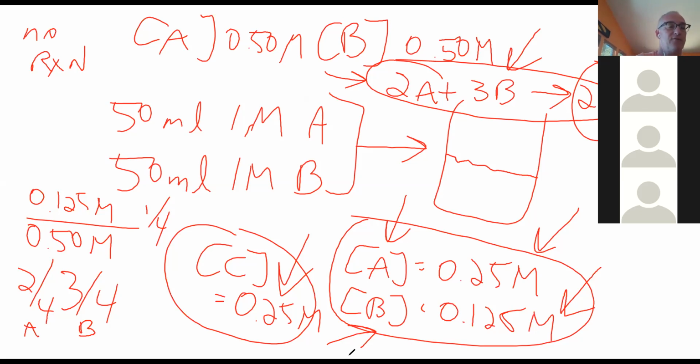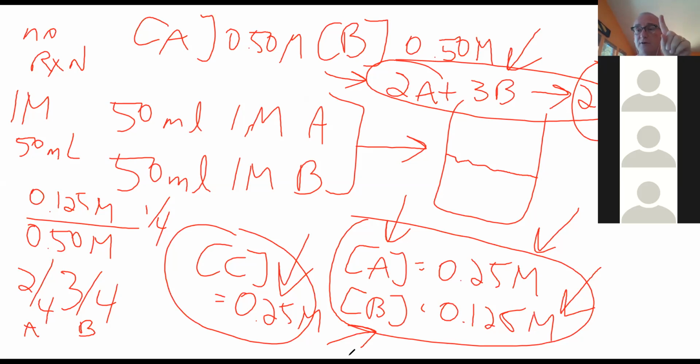And so if you have 1 molar concentration and you used 50 mils of something, you can calculate precisely how many moles that is. Basically that's what you do when you write a chemical formula: how many moles of A plus how many moles of B give you how many moles of whatever the product is. So that's how you're going to do it.